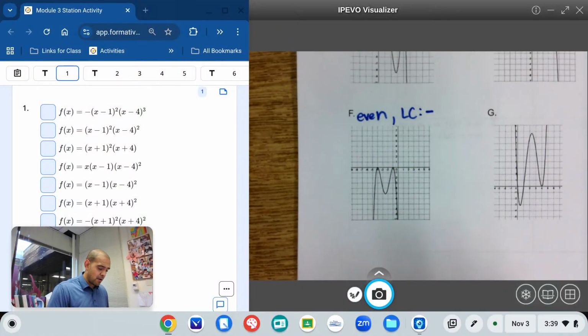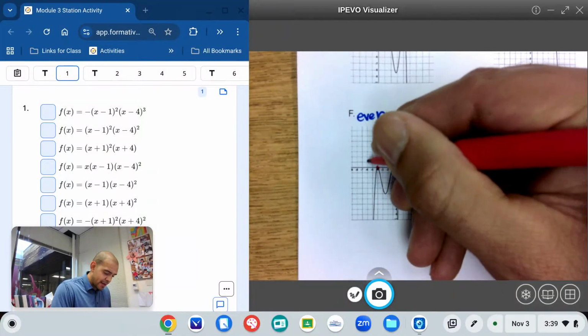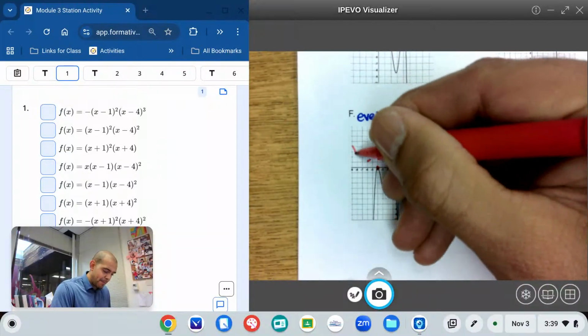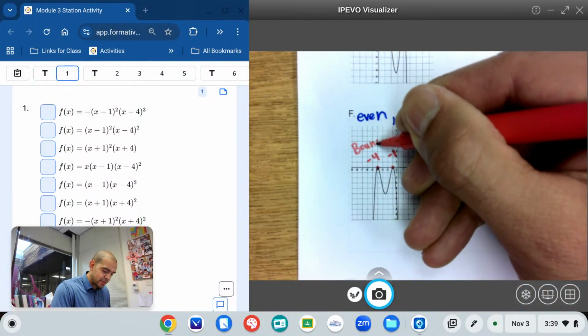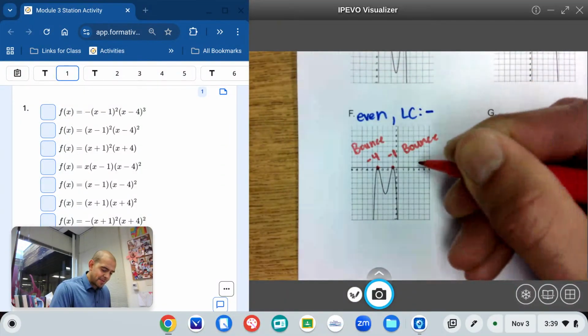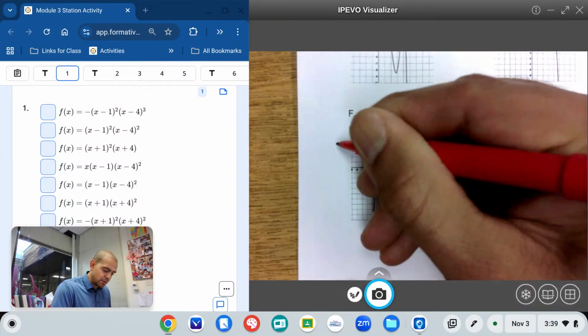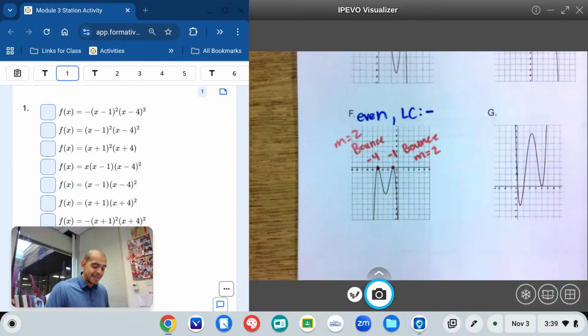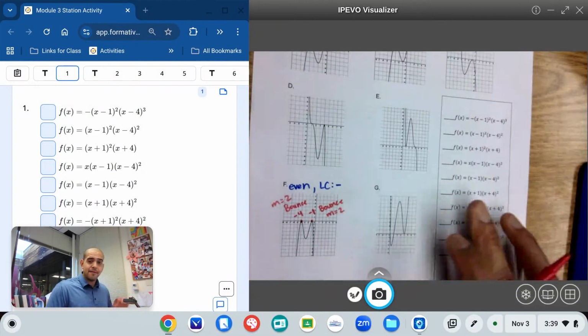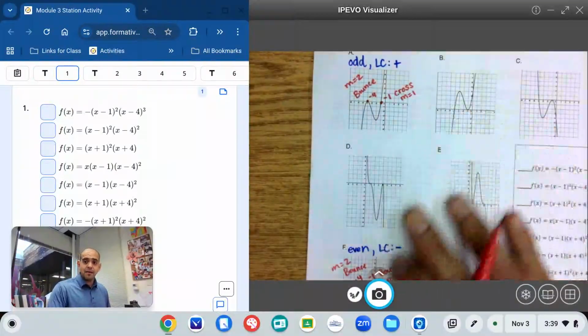Now let's identify our roots. Our roots are at -4 and at -1, and there's a bounce at both roots. That tells me it's at least a multiplicity of 2. It could be a 4, but at least an even number.